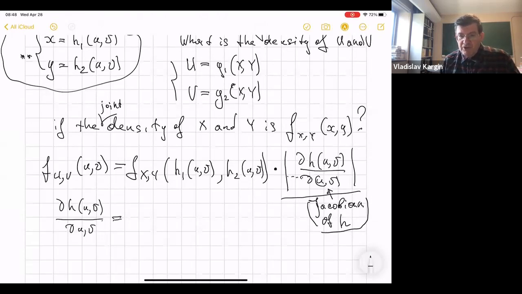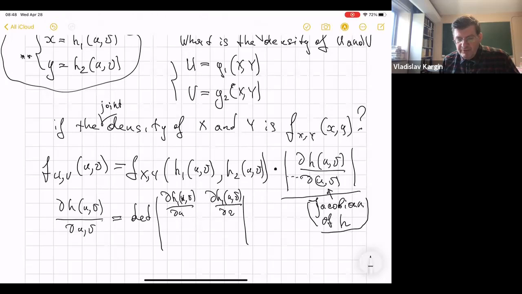By definition, it's the absolute value of the determinant of this matrix. So this will be d h1 of u, v over du, here d h1 of u, v over dv, here d h2 of u, v over du, and here d h2 of u, v over dv.